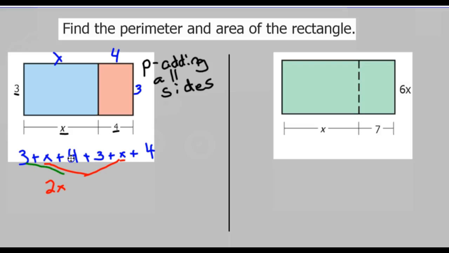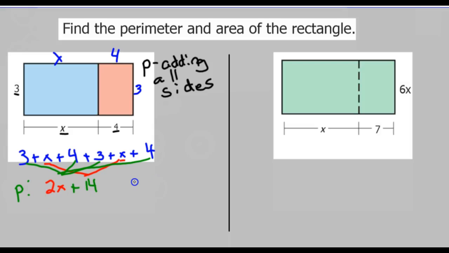So we have 3 and 4 and 3 and 4. Well, if I do 3 plus 4, that's 7. 3 plus 4, that's another 7. If I add them all up, it's 2x plus 14. So 2x plus 14 is going to be our P, or our perimeter.